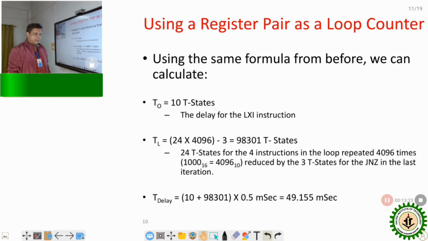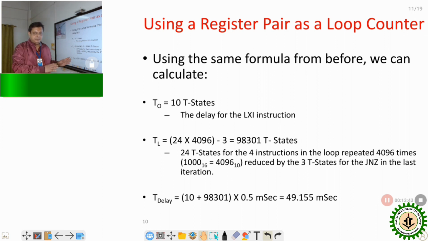T states. Now, if we again consider that the clock frequency is 2 megahertz, it is 0.5 microsecond per T state. In that case, the total generated delay is 49.155 milliseconds.